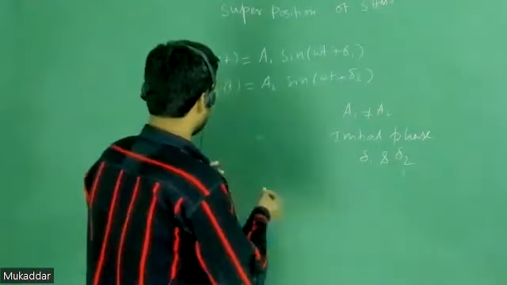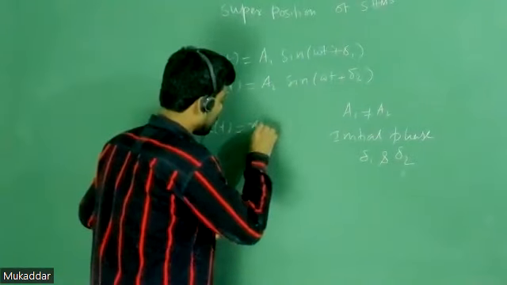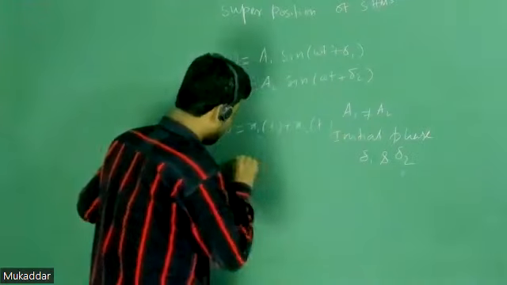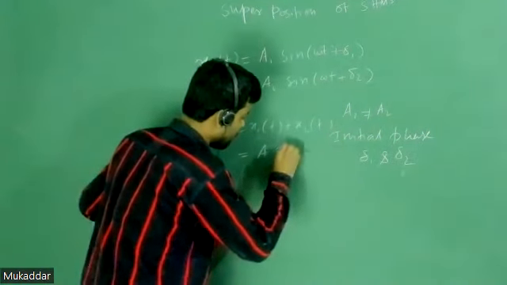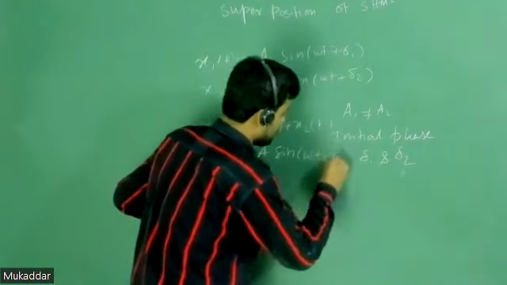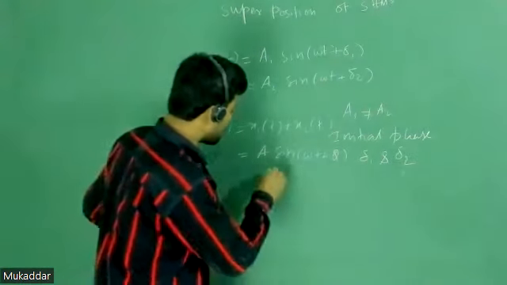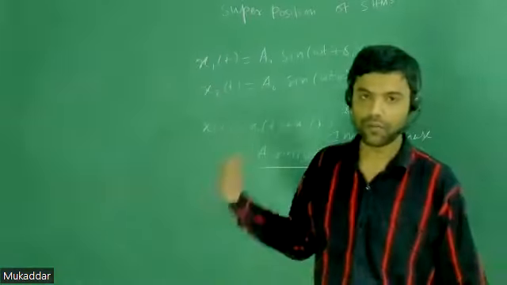If they superimpose, then the resultant motion was x1(t) plus x2(t), and if you sum, you'll have A sine of omega t plus some phase theta. So this is the resultant displacement when they superimpose.